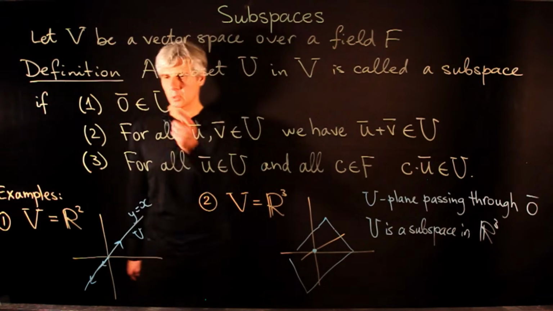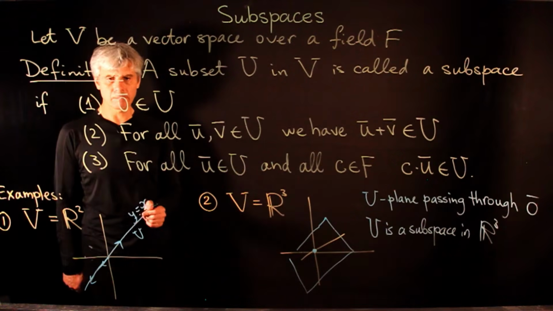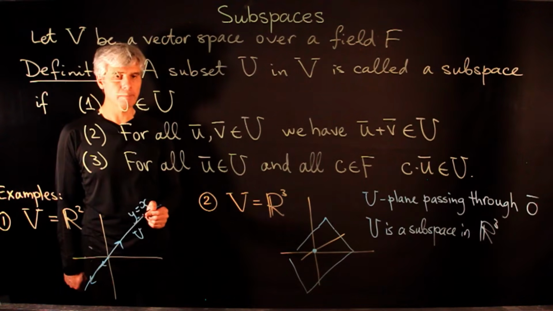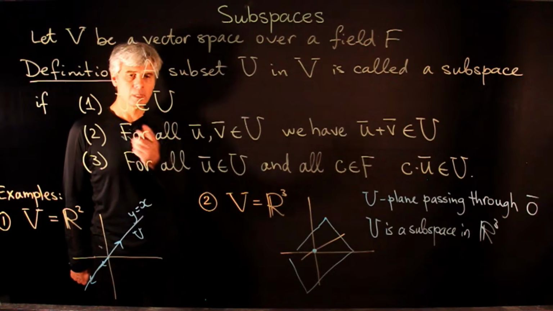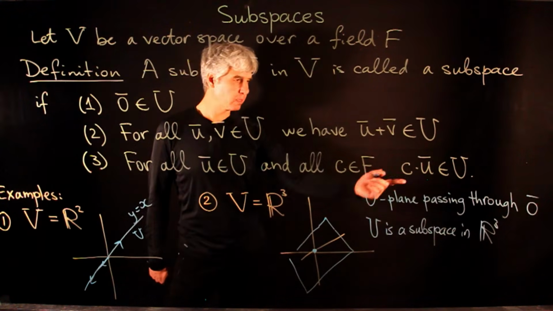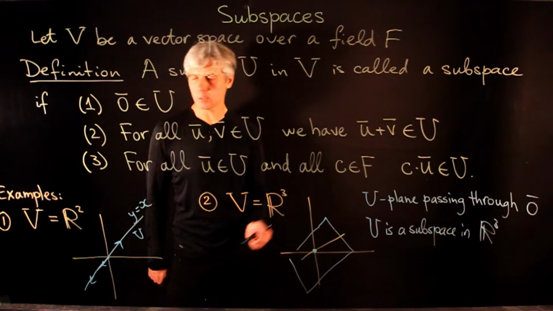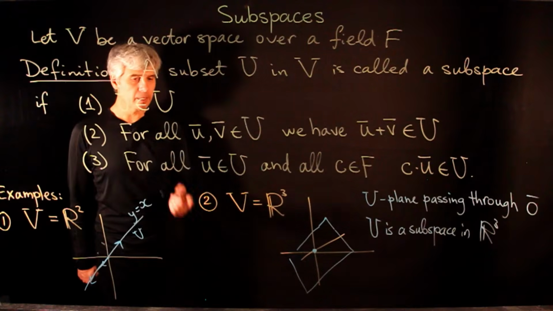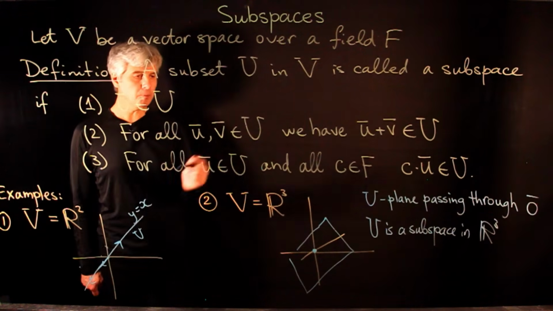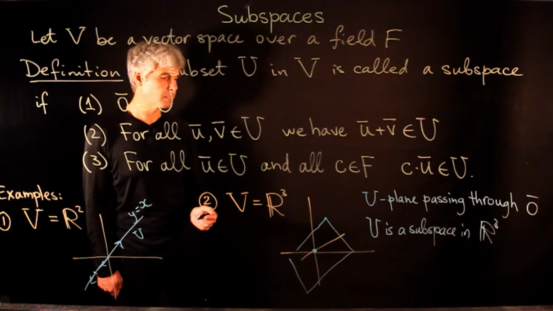So indeed, let's look again at the properties of a subspace. So the 0 vector is in this subset. Well, here we declare that this plane passes through the origin, so the 0 vector is in this plane. Then property 2 says that if we take two vectors in the subset, then their sum is in the subset.